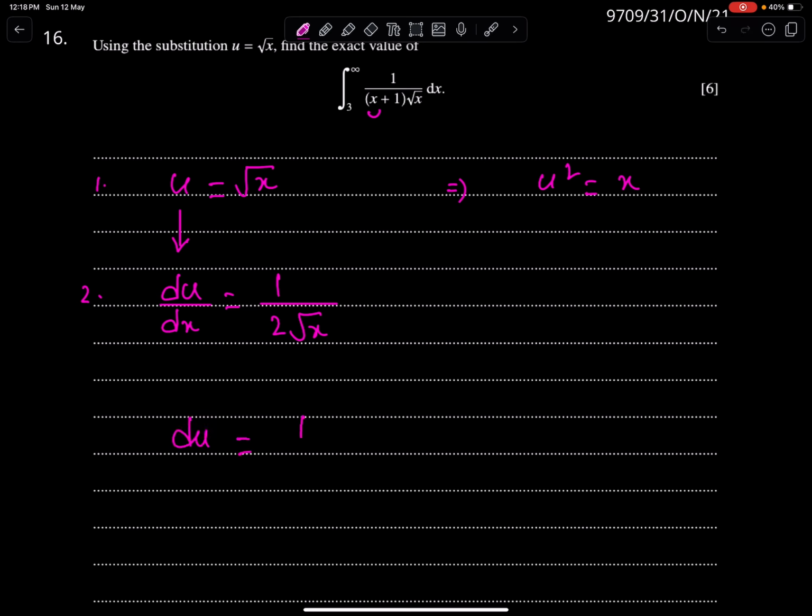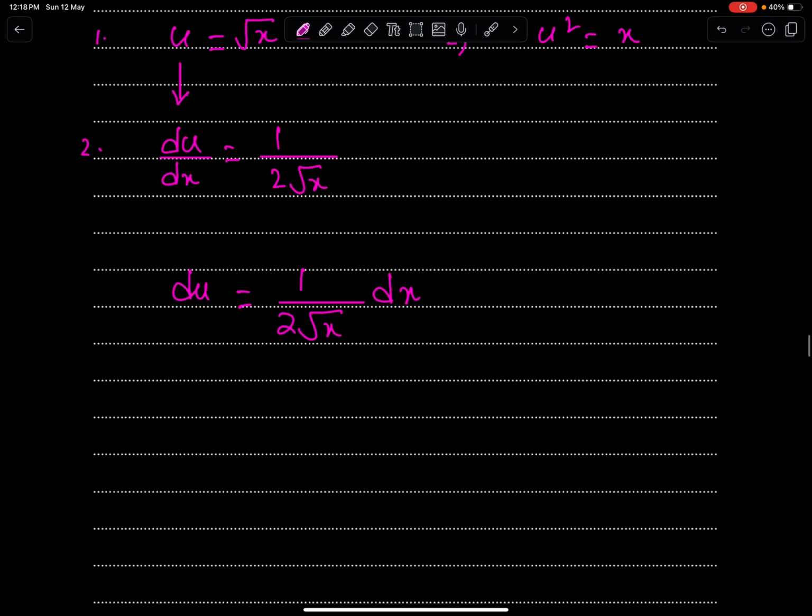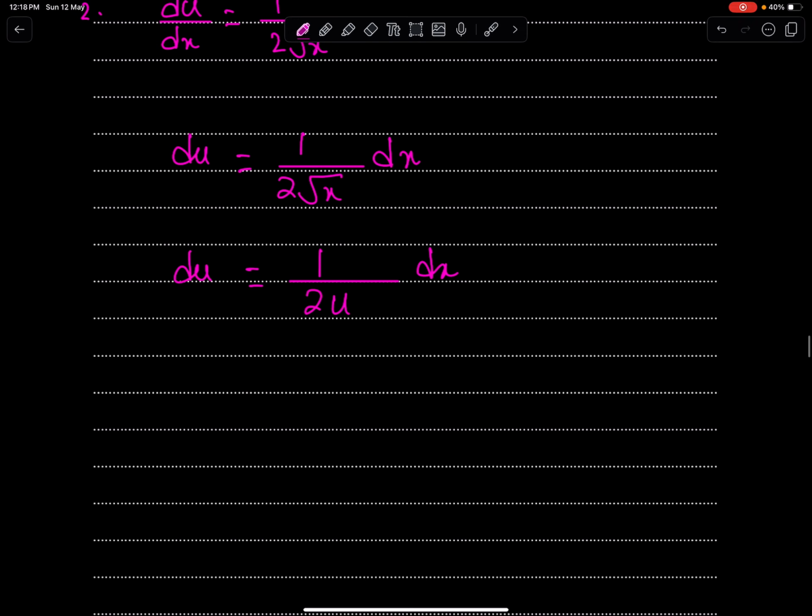First, do cross multiplication. 2 root x dx. You can substitute root x by u. We need dx. So 2u du is equal to dx. This is the second information which we need during substitution.